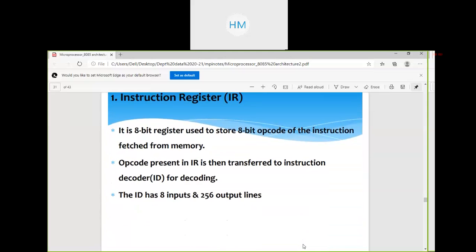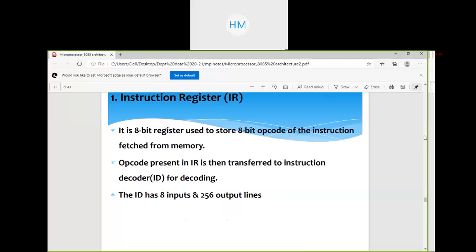So the instruction register is an 8-bit register used to store the 8-bit opcode of the instruction. You will come to know what we mean by opcode and operands. So the opcode is the instruction itself. That instruction is taken from the memory. It is fetched.